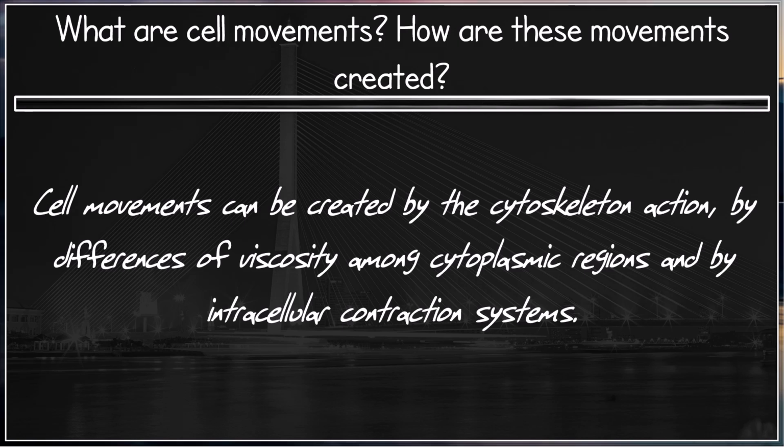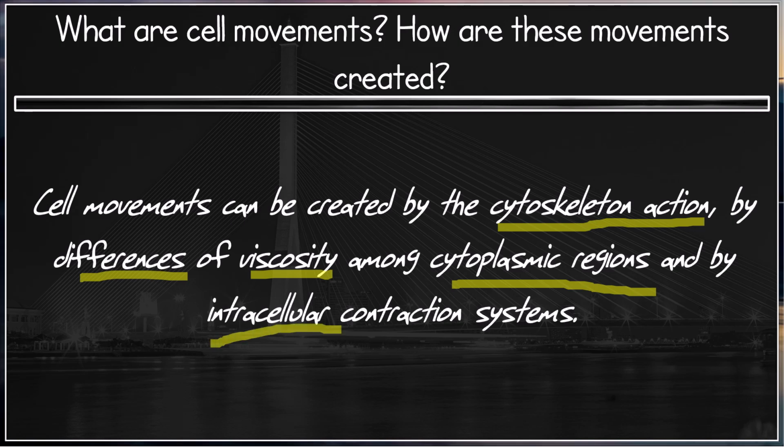Cell movement can be created by the cytoskeleton action, by differences in the viscosity among the cytoplasmic regions, or by the intracellular contraction systems.